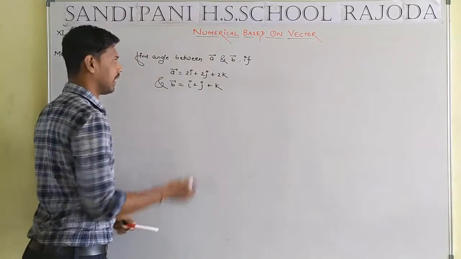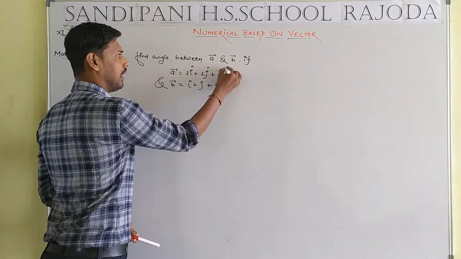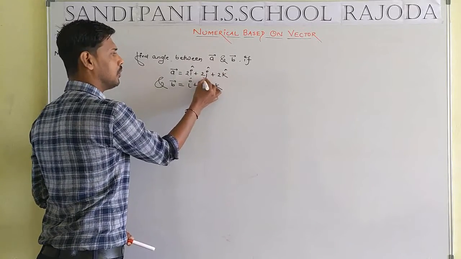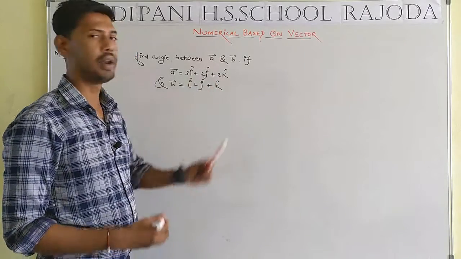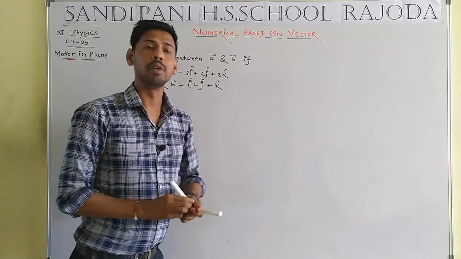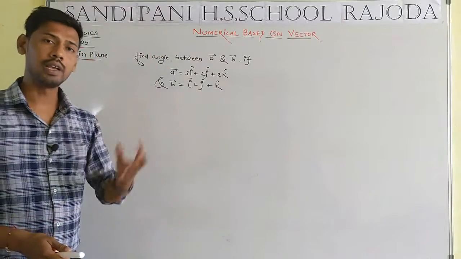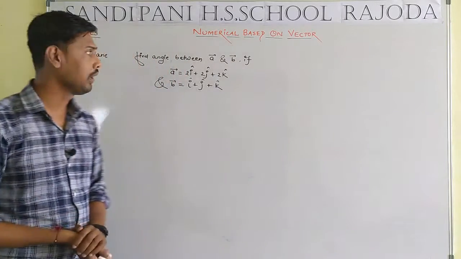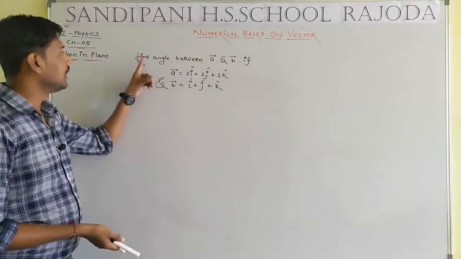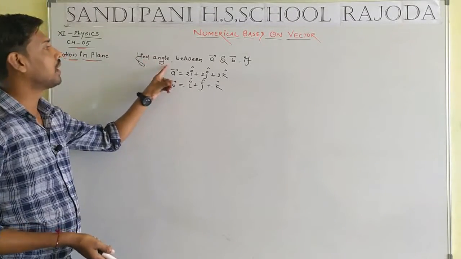Okay students, here i, j and k mean unit vectors, and 2 represents the perpendicular distance from the x-axis, y-axis and z-axis. Now the numerical demands of the question: find the angle.